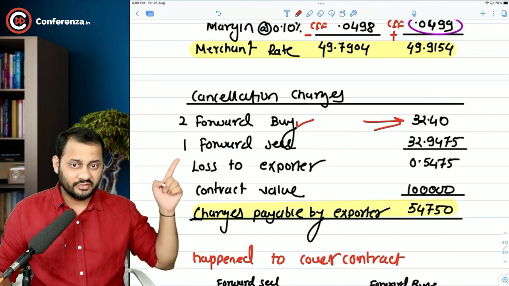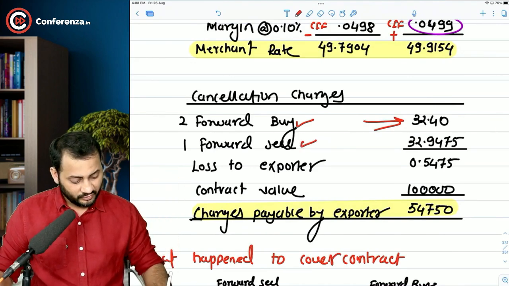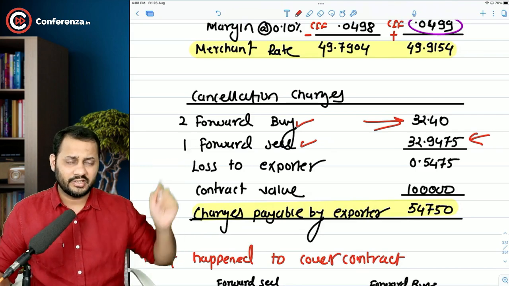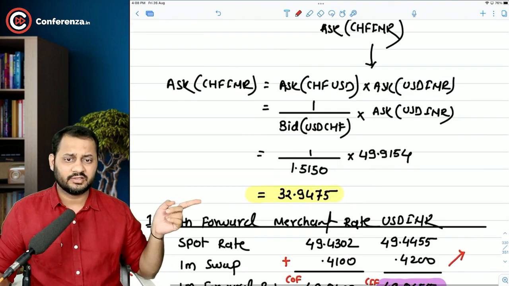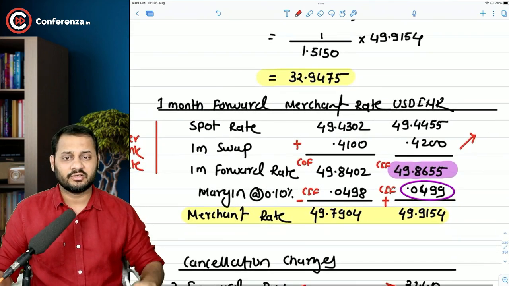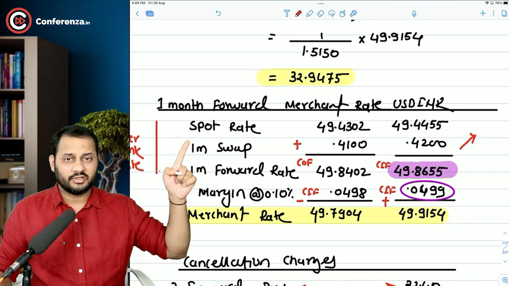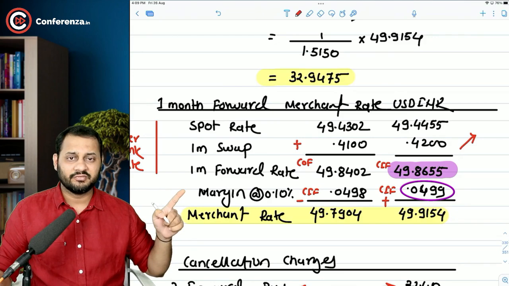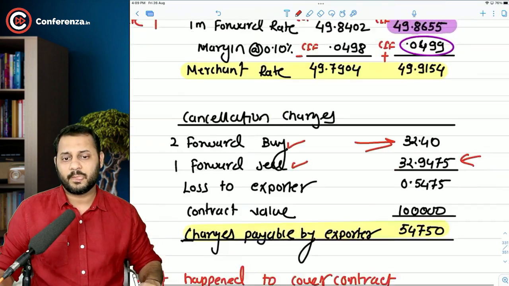Then they cancelled it with a 1 month forward sell contract at 32.9475. How did we arrive at 32.9475? This rate is calculated from the cross rate, and these cross rates have been calculated from this point. So take the spot rate, add 1 month's points. This is the forward rate, add margin if required, and this is the merchant rate.